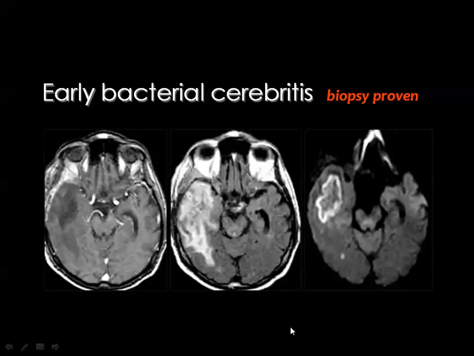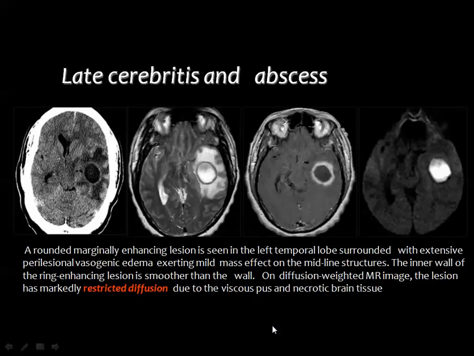And you remember that this lesion may simulate a glioma, for example, but gliomas usually show free diffusion, and this lesion showed restricted diffusion. One of the helpful tools to discriminate between neoplasms and inflammatory lesions is the use of diffusion weighted images. After some time, the area of cerebritis will liquefy to form an abscess.